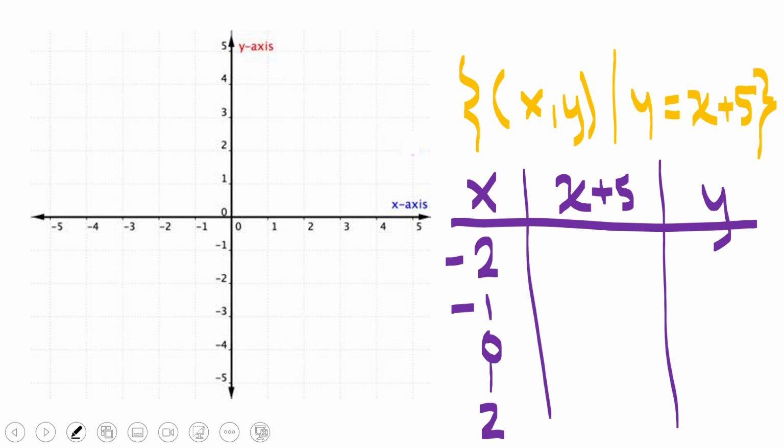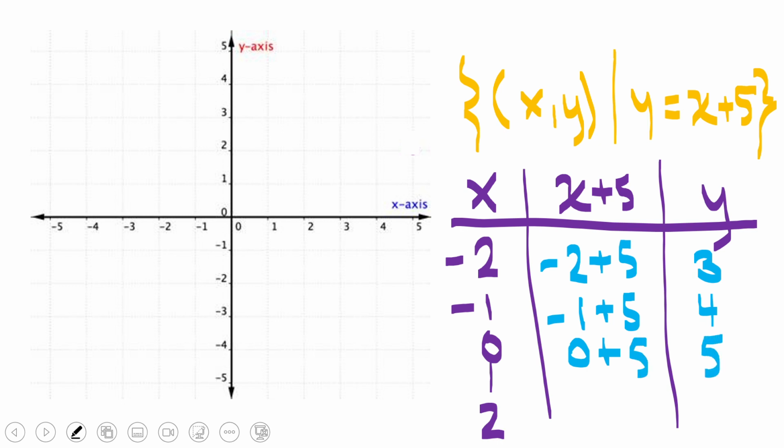We substitute it into the middle expression we were originally given. -2 plus 5, that's a 3. -1 plus 5, that's a 4. 0 plus 5, that is 5.